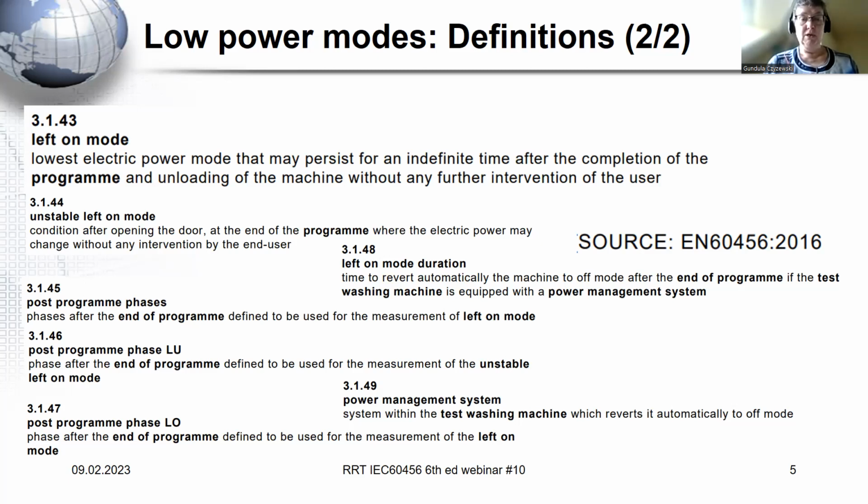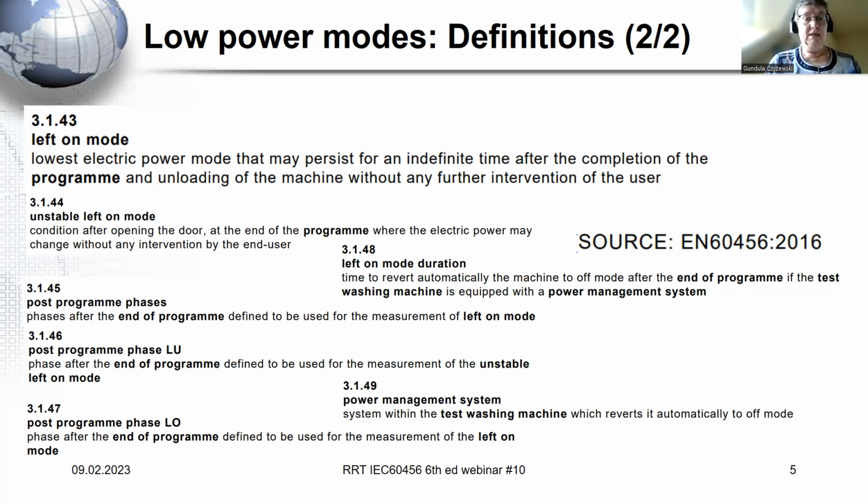This was considered in Europe, and therefore the measurement after the end of a program was divided into two post-program phases that you see here on the screen. One is as long as the machine is still switched on, for instance, showing on the display certain status informations.